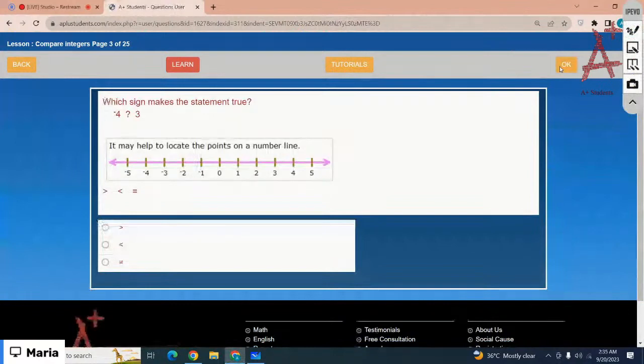Which sign makes the statement true? You are going to compare -4 and 3.